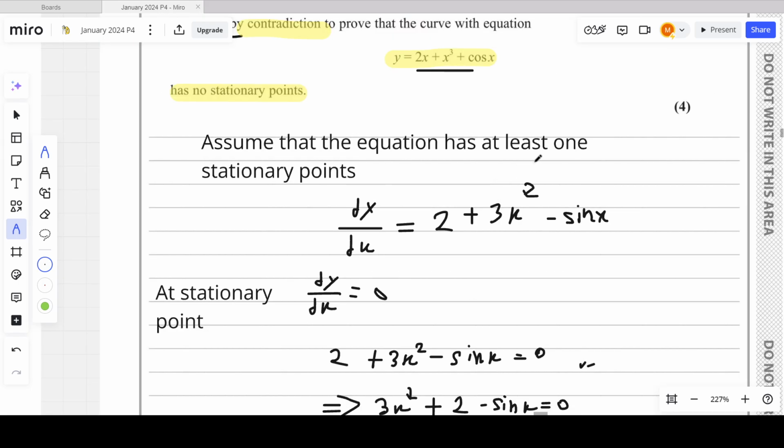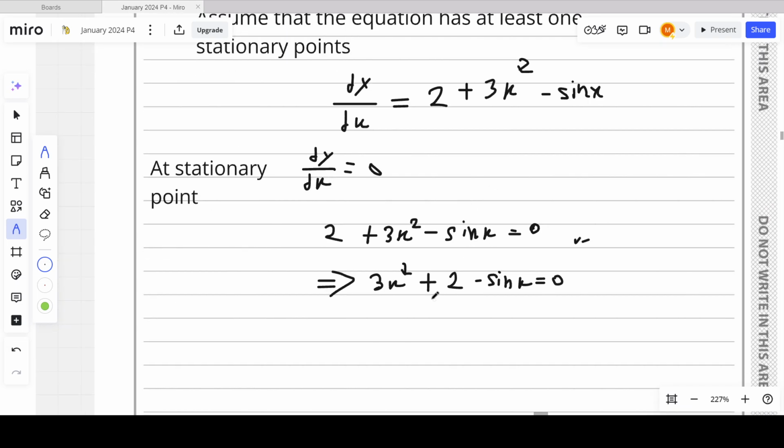We assume that this curve has at least one stationary point. So if it has at least one stationary point, then we would get a solution to this equation. That means if I can show that this equation doesn't have any roots, then it will contradict my initial assumption. So I need to make a conclusion such that this equation doesn't have any roots.